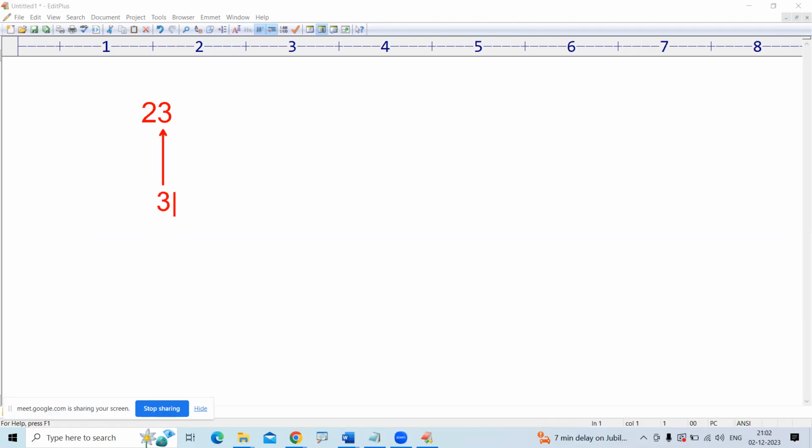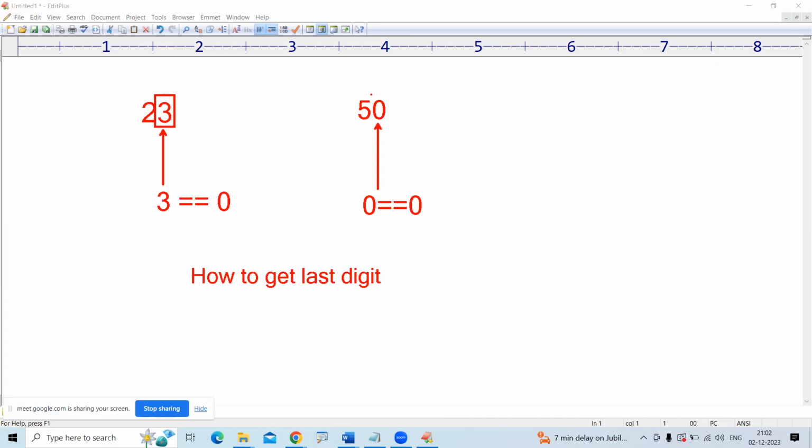Suppose 50, yes, the last digit is 0. How can you confirm? How to get the last digit? Can you please write the condition to check whether the last digit is 0 or not? Everybody.